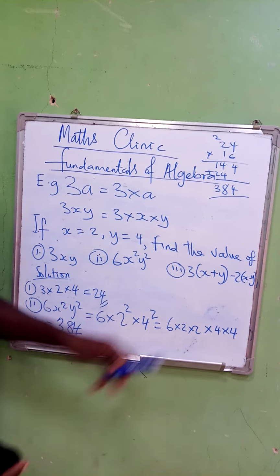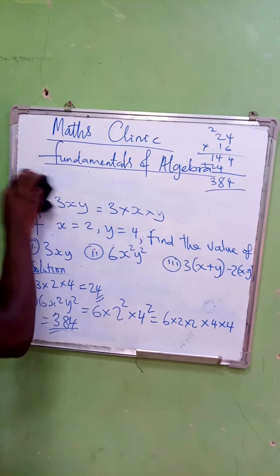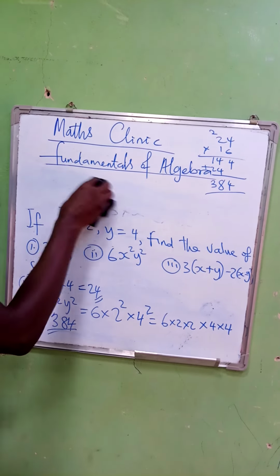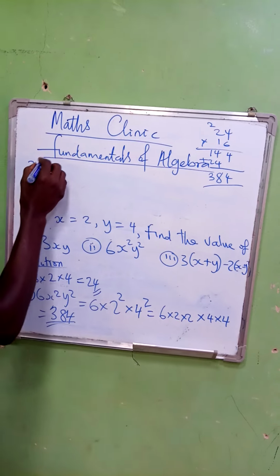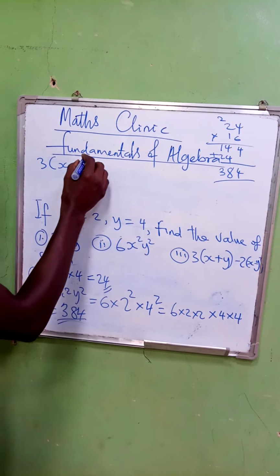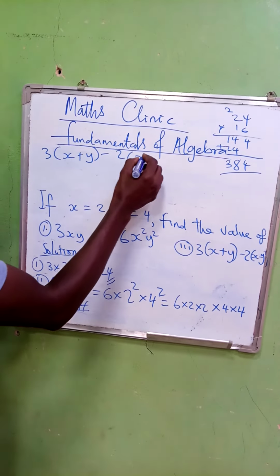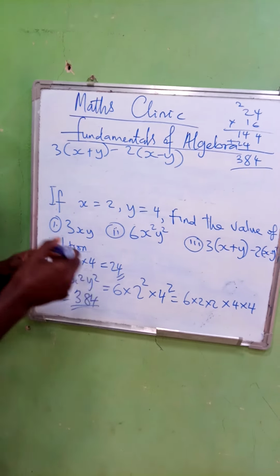Alright. To number 3. Number 3, where we have 3 into x plus y minus 2 into x minus y. Okay?